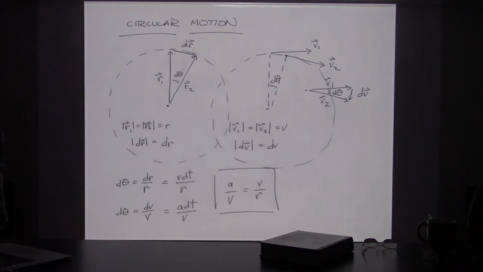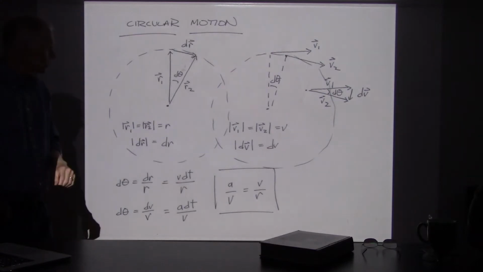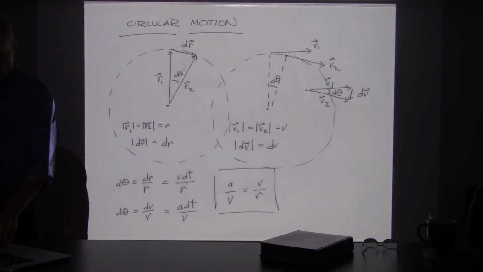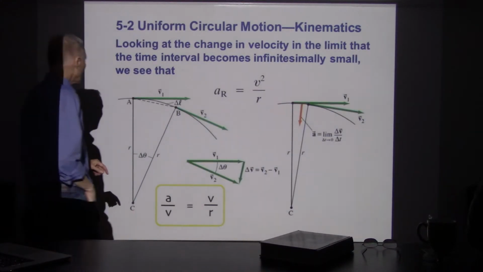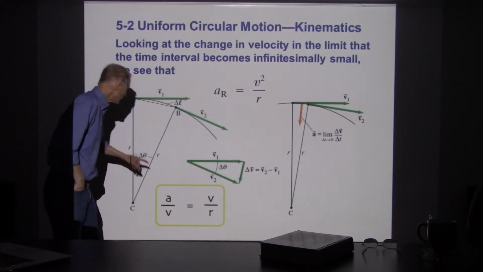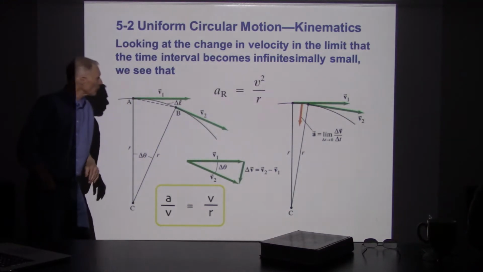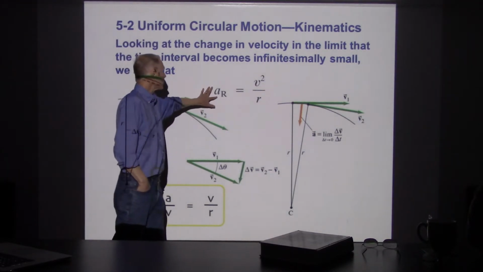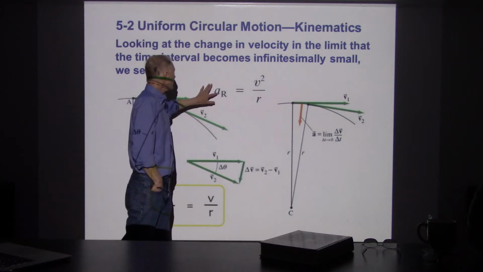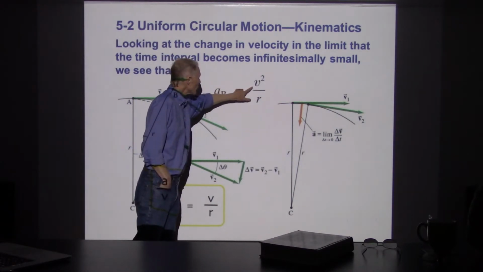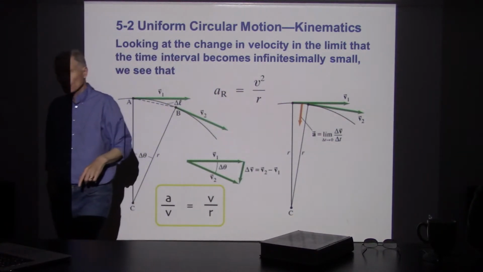I hope you guys like ratios. Ratios show up all over the place, and this is a nice geometric derivation that tells us that for circular motion, a is to v as v is to r. Those things are equal. Well, what that leads to is this formula. This is the way it's usually written: a is equal to v squared over r for circular motion.